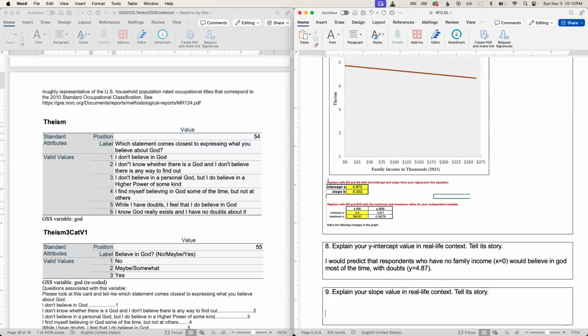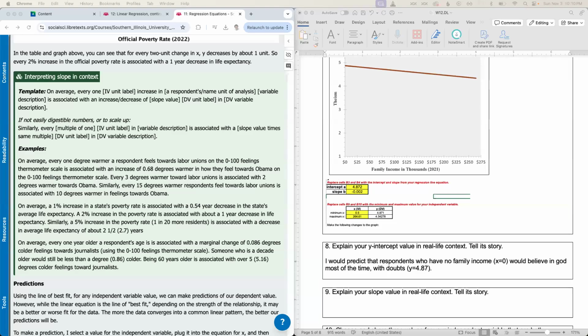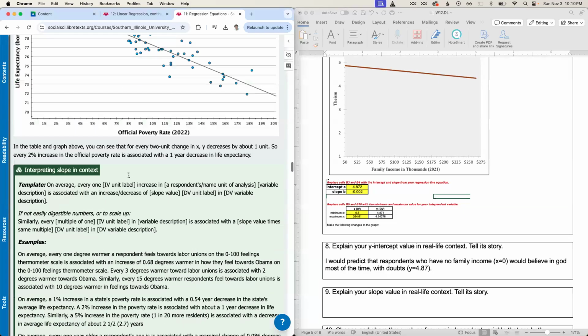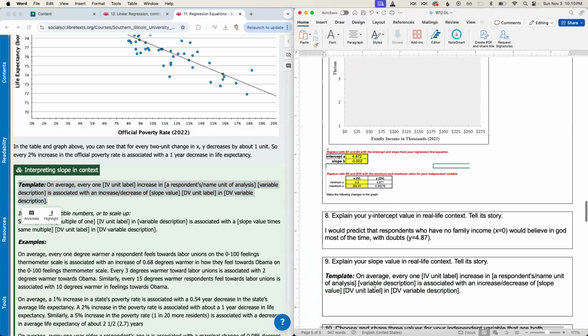Now I'm going to explain my slope value in real life context. A little lower, right below the y-intercept, is the slope. And here's our template for this. Our slope is negative 0.002. So on average, every $1,000, right?